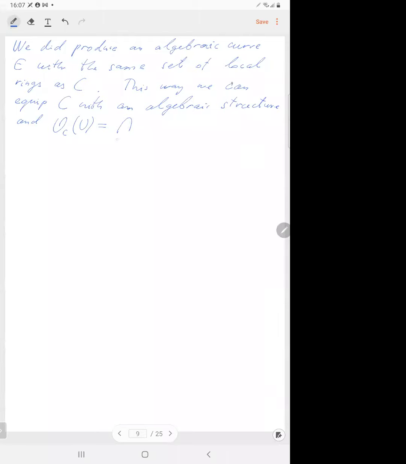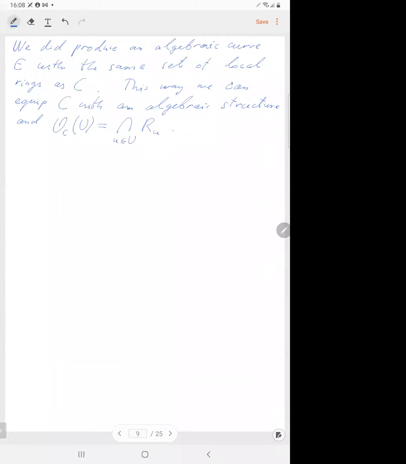That is the intersection over all points in U of the corresponding local rings. Okay, I mean it's tautologically true for E, right? In fact, for any algebraic variety, it's tautologically true. And in particular, it's true for C. But since C was just defined in terms of all those DVRs, it's a canonical procedure, right? For E, we did need some choice of parameter T, right?